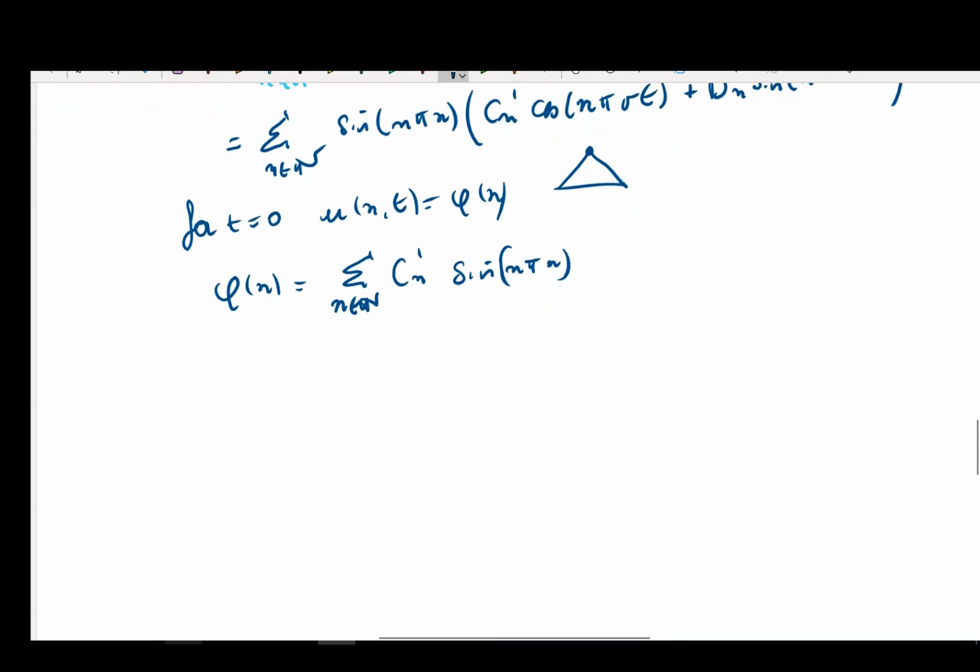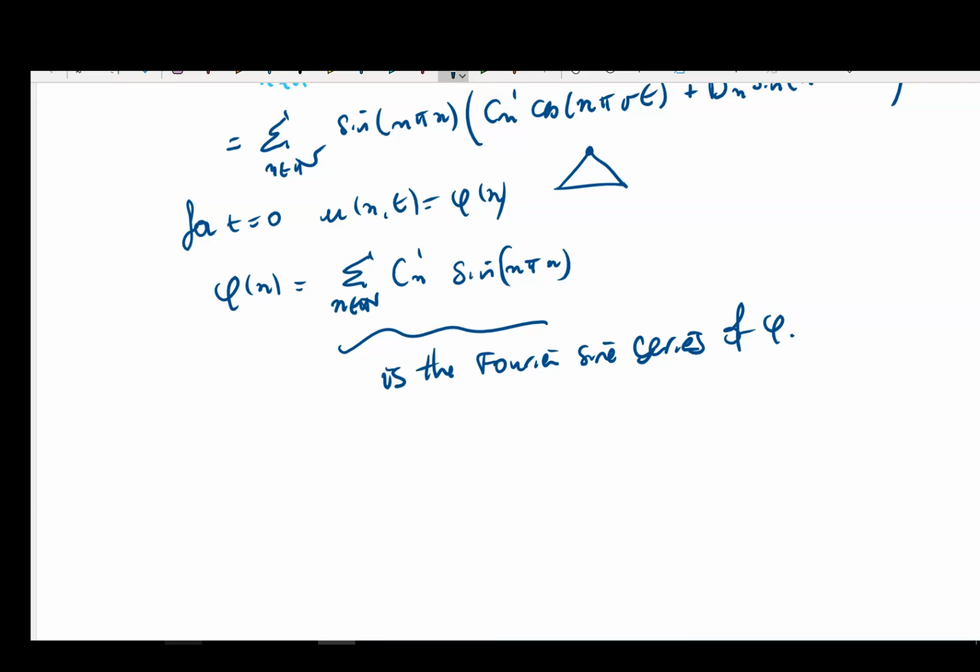And so what do we identify here? We just say this looks like the Fourier sine series of phi. We have proved in the chapter about Fourier series that a trigonometric series or a Fourier series expansion was unique.